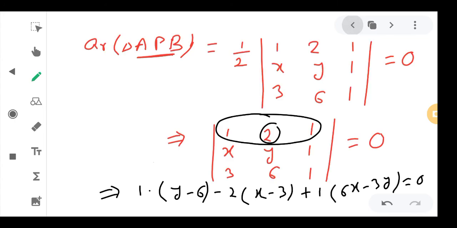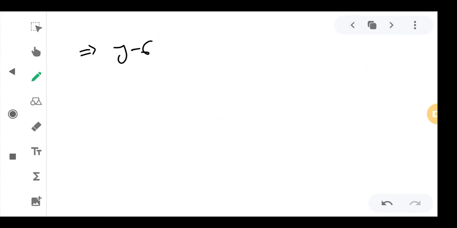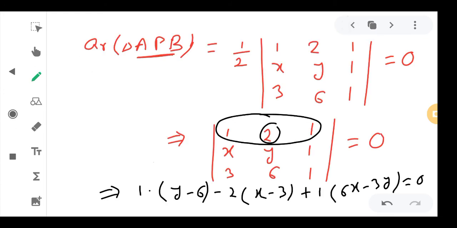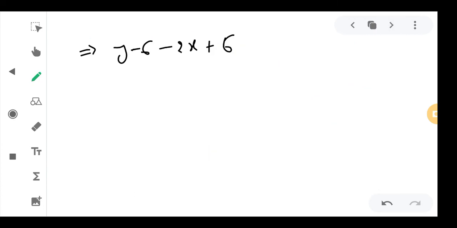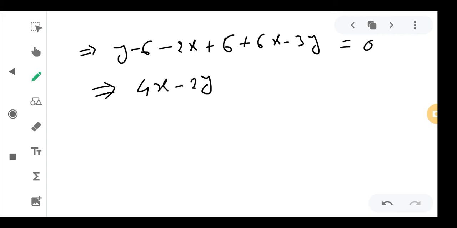If we solve further, y minus 6, I am solving quickly because I am assuming you know how to calculate this, minus 2x plus 6, then 6x minus 3y equal to 0. If you calculate this, 6x minus 2x is 4x, and minus 2y, and the plus and minus 6 will cancel, it will be 0.